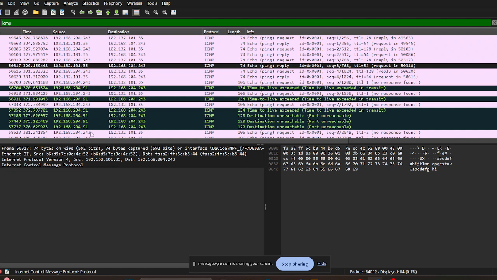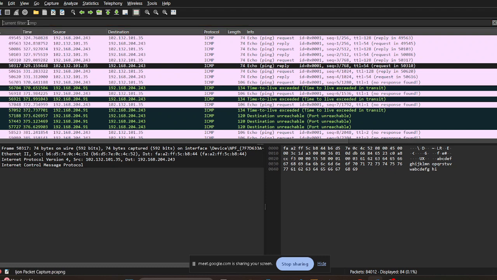If we check other packets that are not through the ICMP protocol, you might not see this ICMP protocol here. Within visited websites, we would have HTTP.